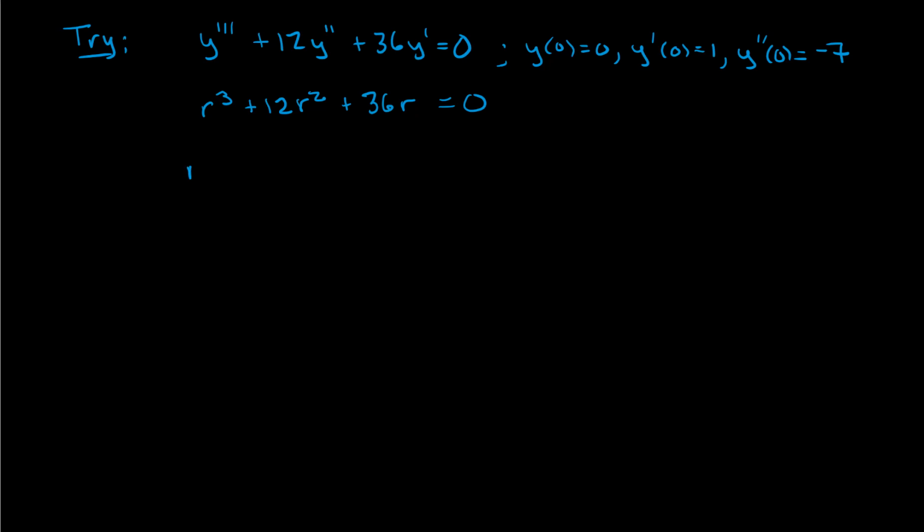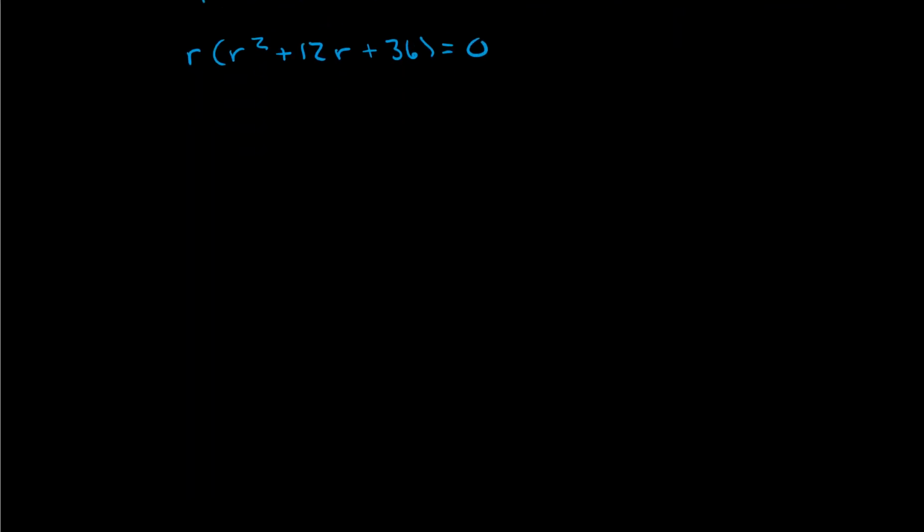We can factor out an r here. This is going to give us r times (r squared plus 12r plus 36) equals 0. The good news here is this factors: r times (r plus 6) squared equals 0. This gives us a double root.